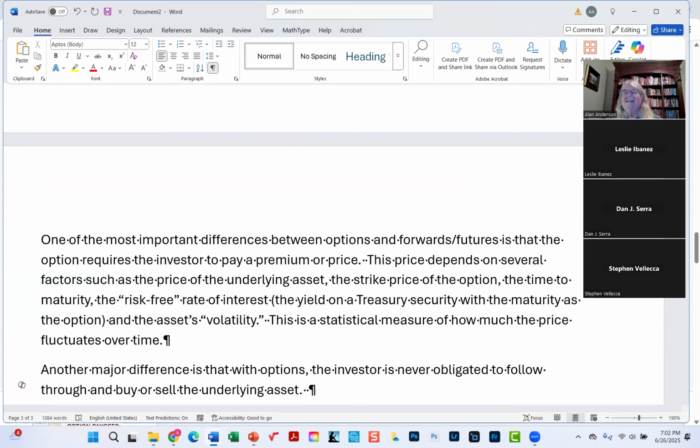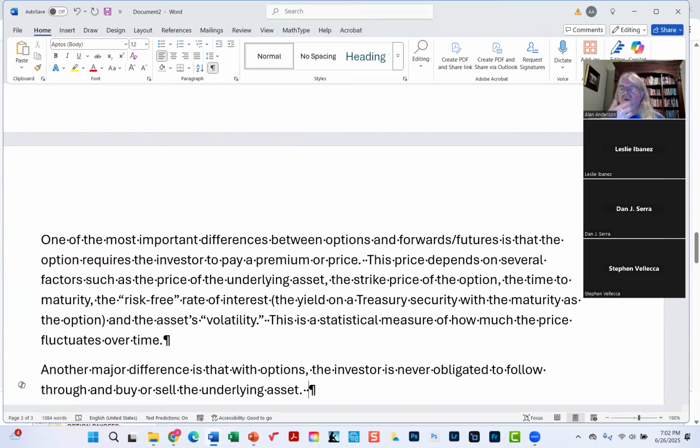Okay, so in other words, that's really the biggest difference, I think, because you can enter into an option to buy gold, and when the day arrives, you can say, "Nah, never mind, I don't want it." You can't do that with a forward or a futures. With the futures, you have to go through the formality of offsetting it. With a forward contract, you have to take the delivery of the gold. You agreed to that. The option means no, I don't have to. But that's what you're paying for.